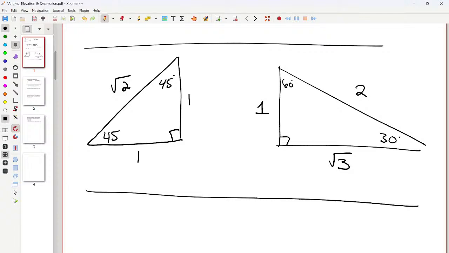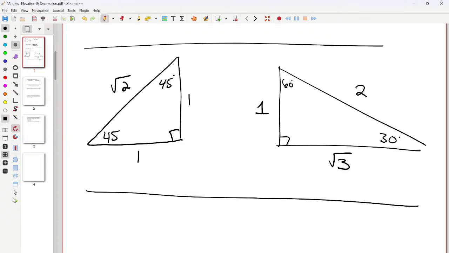So the biggest number here is actually 2, which is opposite the biggest angle. And then opposite the middle angle is this middle value, square root of 3, which, if you want to know what it is as a decimal, pick up a calculator, but we actually want that number, square root of 3.